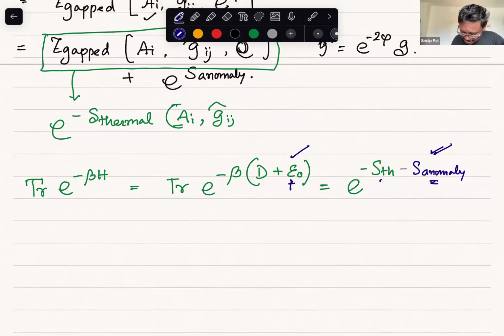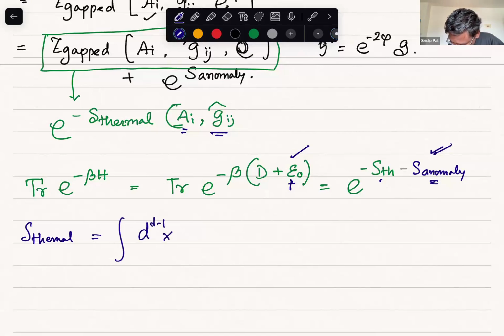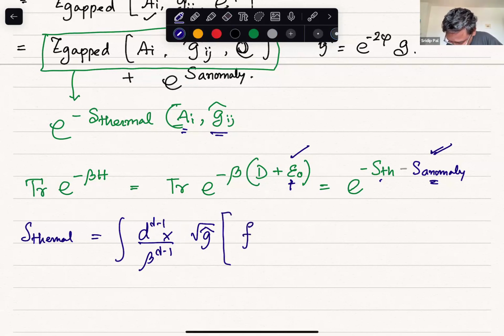Okay, so now I will focus on this S thermal. Basically, I now write down all the possible terms that are allowed by this g hat ij and A_i. The first term I can possibly write down is of this form: square root g hat, beta to the power d minus 1, times f.